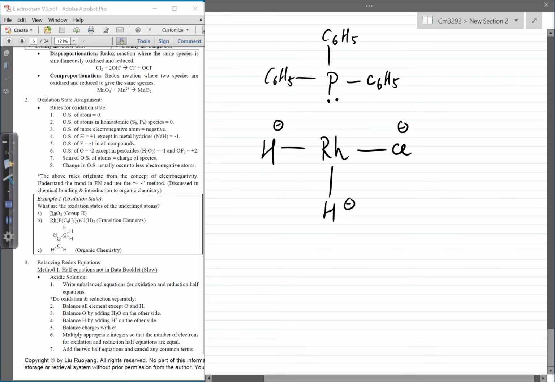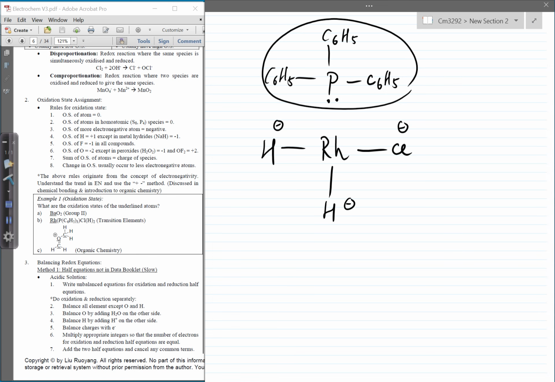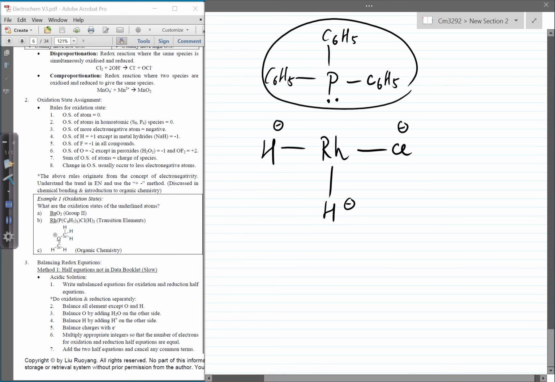When we move on to transition elements, I'll teach you how to identify whether it's negatively charged or neutral. So for now, you just have to know that this is a neutral ligand, these three are charged. So since the overall charge of this complex is 0, that means rhodium must adopt a +3, right?